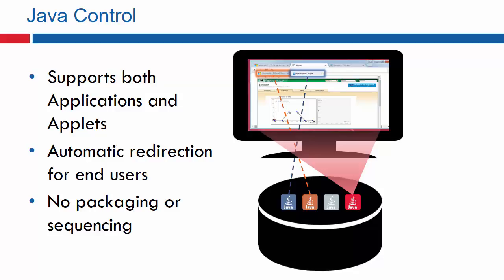So you can have different versions of Java up and running, or IE, without having to go through all those issues of perhaps sequencing and packaging those Java isolates. And it's pretty convenient to go from one to the other.